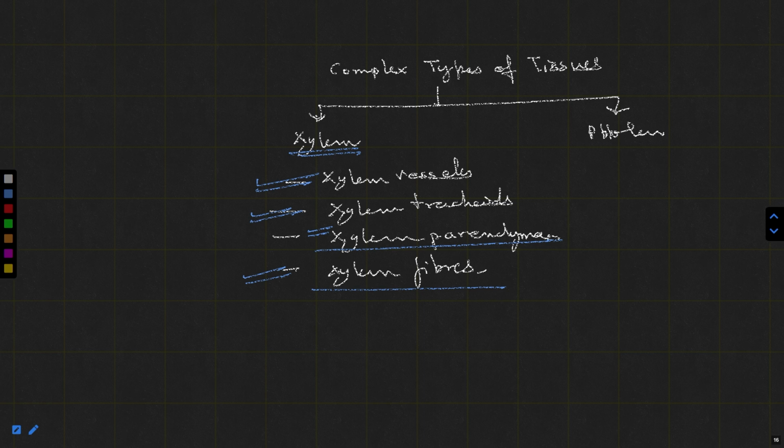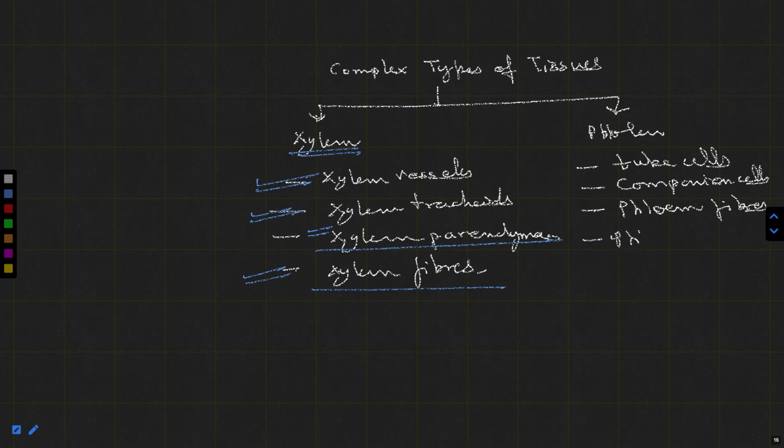Now, if you see the components of the phloem, then phloem has sieve tube cells, companion cells, phloem fibers, and phloem parenchyma.